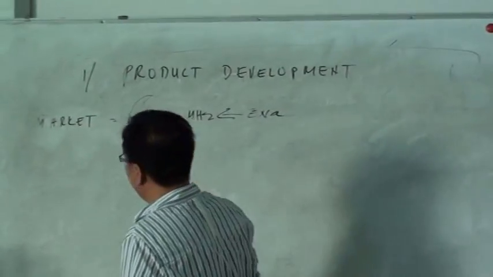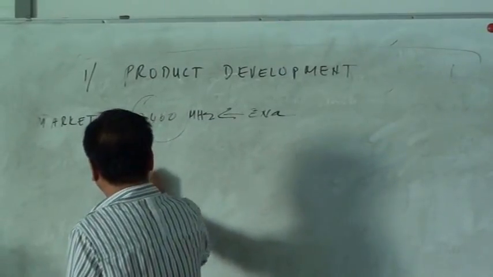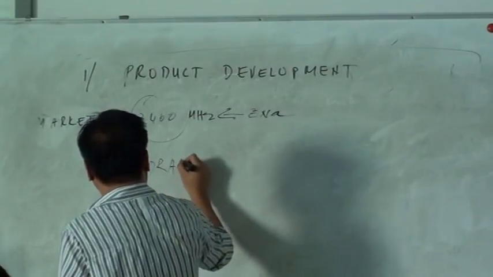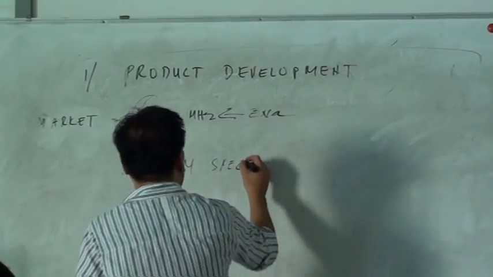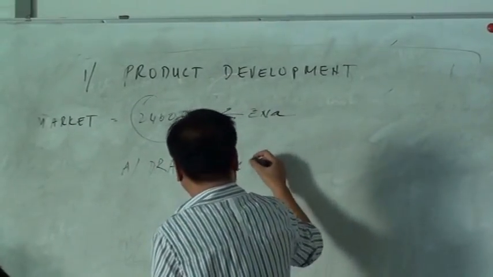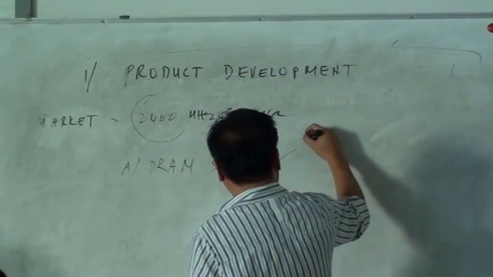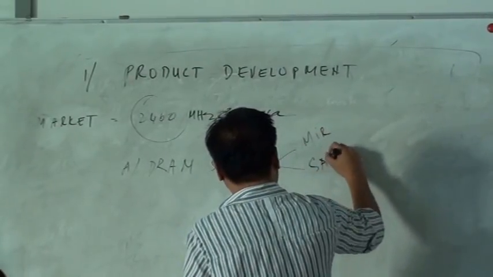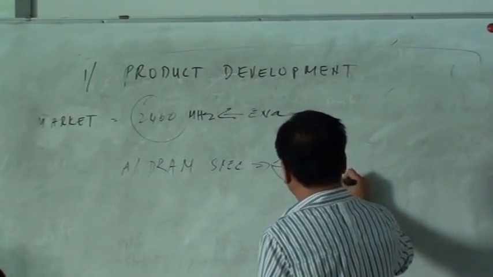So number one, in order to get this spec right, the engineer needs to find out A, the RAM, the DRAM spec, either from Micron, from Samsung, or from Nanya, right?